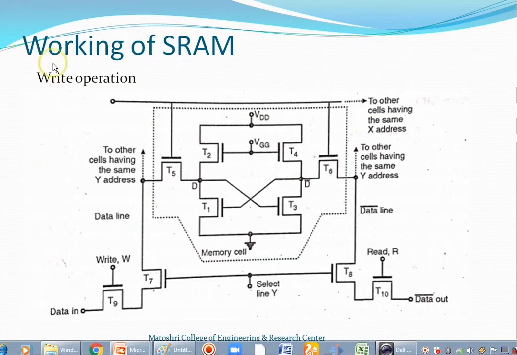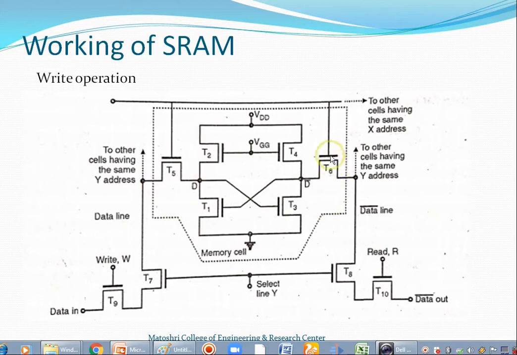Now let's move to the working of the SRAM. This is the MOS static RAM cell. Firstly, we study the construction of this RAM. This SRAM consists of six MOSFETs: T1, T2, T3, T4, T5 and T6.